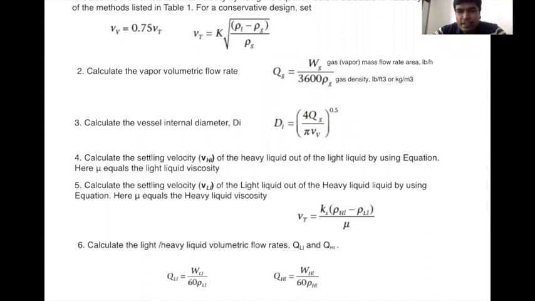So I have just taken this vertical separator design, and once you go through it, we'll do a numerical in the next class, and we'll see how we can utilize all these parameters to find the height and diameter of the vertical separator, right? The height and diameter of the vertical separator are what is more important, right?